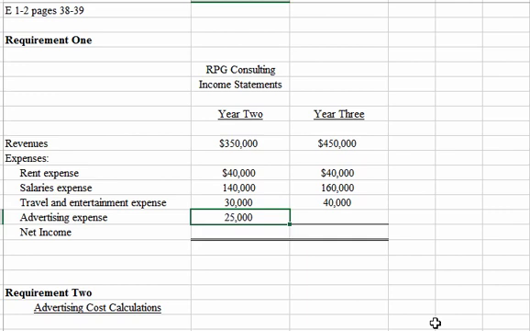All right, so let's come down. In the second requirement, they say determine the amount due the advertising agency that would be shown as a liability on RPG's balance sheet at the end of year 2. Well, we're going to come to that number before we come to the advertising expense number for year 3. So let's go down here and work through it.